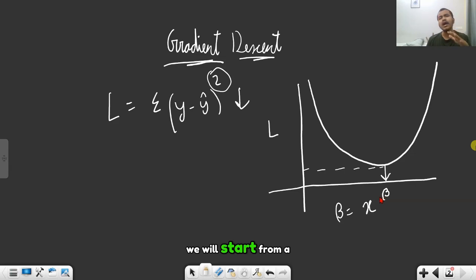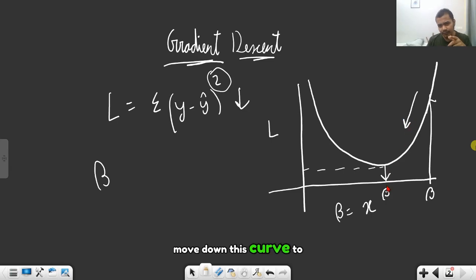We will start from a random x. We will initialize beta with any value. Let's assume we started with these random values of beta. Now, our goal is to move down this curve to this beta, which is the beta min.